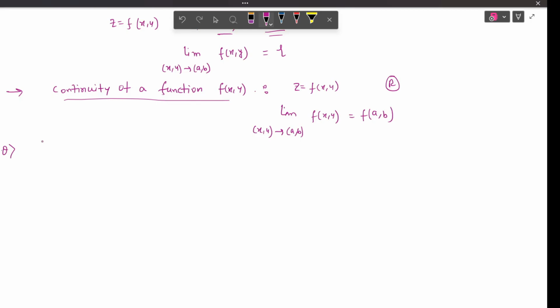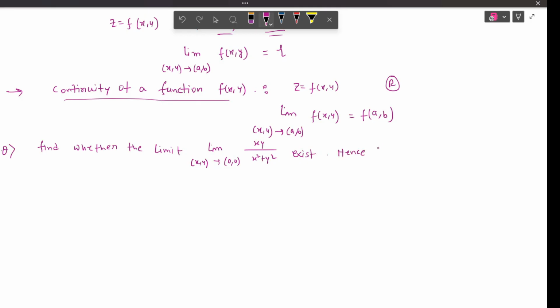Question is, find whether the limit x comma y tends to 0 comma 0, that is xy by x square plus y square, exist.